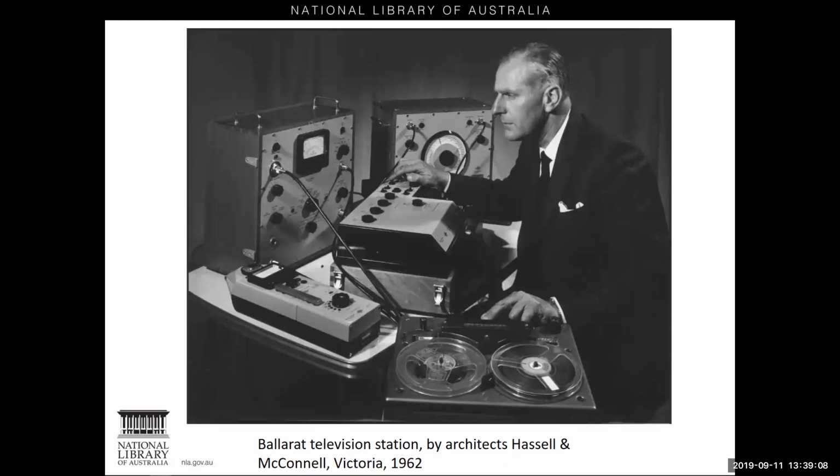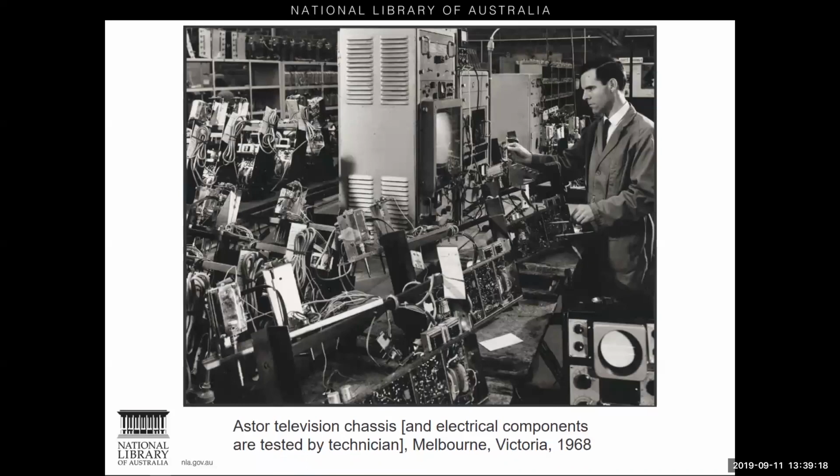So we can see here a gentleman with early television equipment. I'm sure for those who are working in this industry, it has changed significantly. And again, he even has photos of televisions being constructed. So very much a behind the scenes look at this period of time.